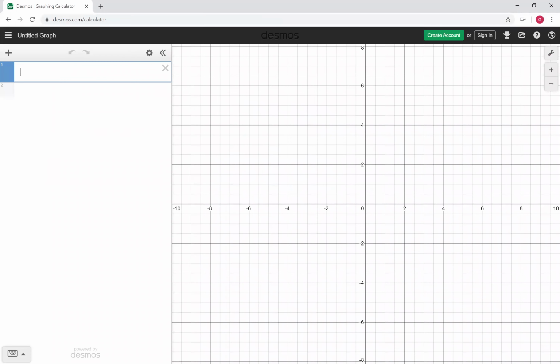Okay, there we go. So we're going to try to draw the plot of this one. Y is equal to. Let me plot the general solution first.